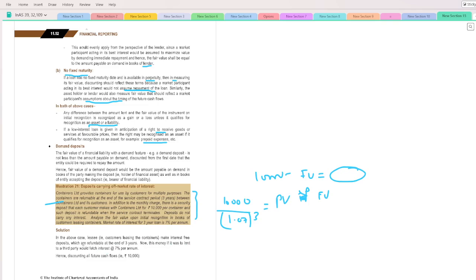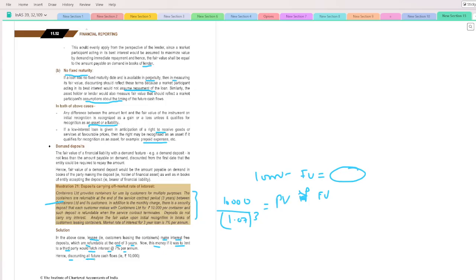In the above case, the customer leasing the container makes an interest-free deposit which is refundable at the end of the 3 years. Now this money, if it was lent to a third party, would fetch 7%.